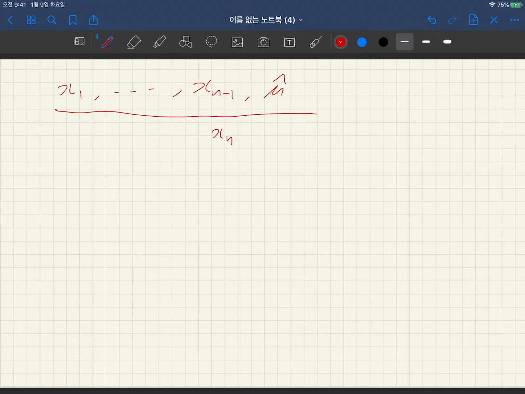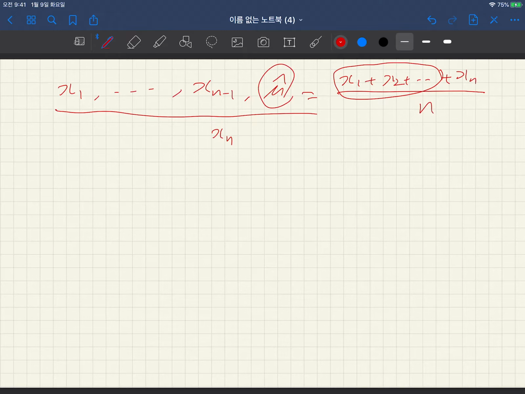Because we know mu hat is x1 plus x2 plus up to xn over n, and because we know the values from x1 through xn-1 and we know mu hat, we can naturally calculate the xn value from n times mu hat minus x1 plus x2 plus up to xn-1.